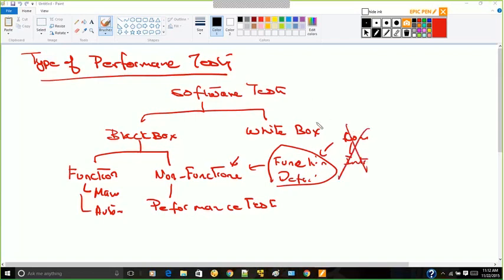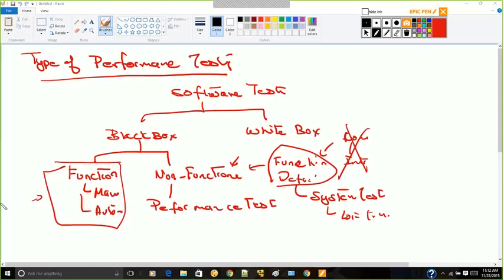All we are going to do is take the system test cases, right from log in to log out, and run the test. So here we are not going to find functional defects. We assume that this whole thing is completed and the application end to end is defect free.